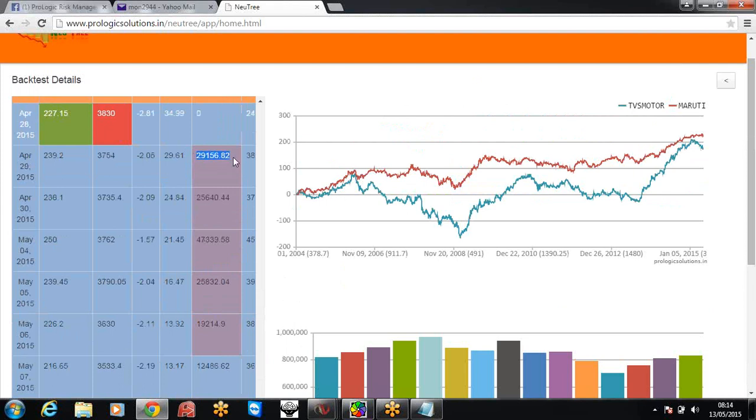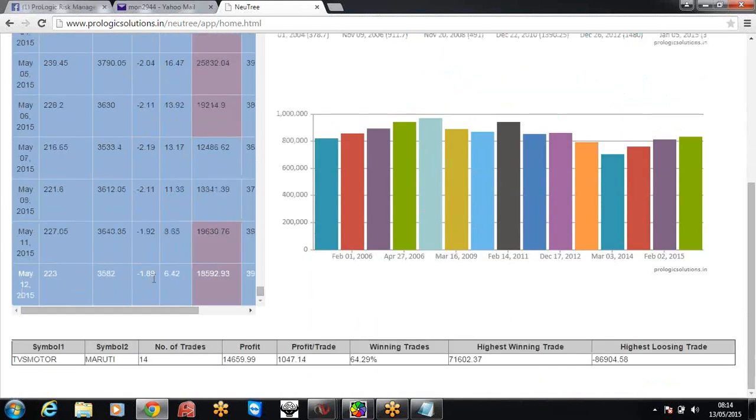So you could have exited the next day. Your investment is just 83,000 rupees. The next day you make roughly around 30,000 rupees. That is a very good profit. And the trade is still continuing. You can see that this has to come to 1. So once it comes to 1, the trade will close.